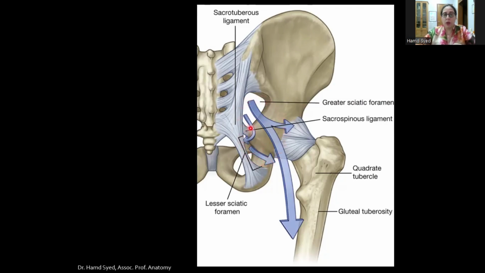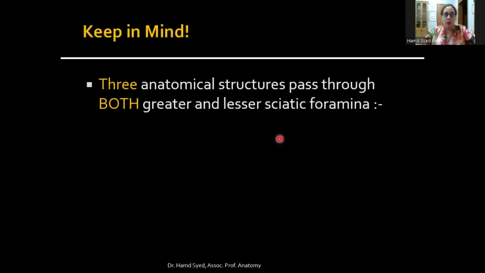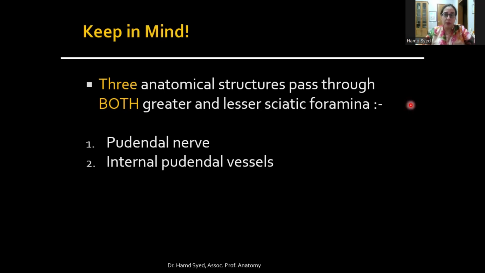So these arrows represent the different directions in which these anatomical structures are passing through the greater and lesser sciatic foramina. So remember that three anatomical structures pass through both the greater and lesser sciatic foramina. These are the pudendal nerve, internal pudendal vessels, and nerve to obturator internus.